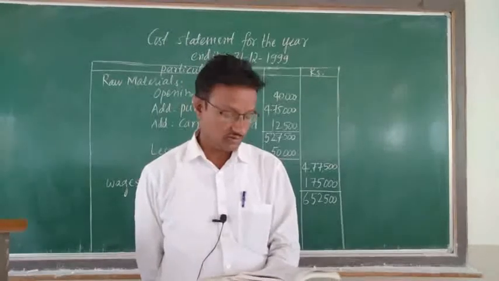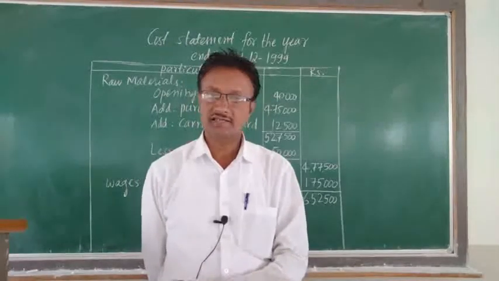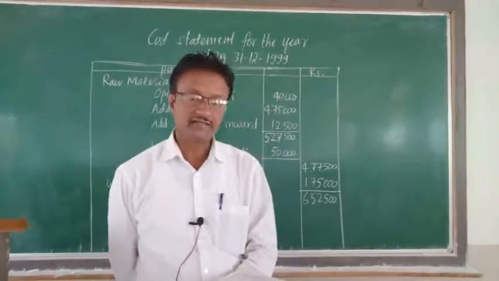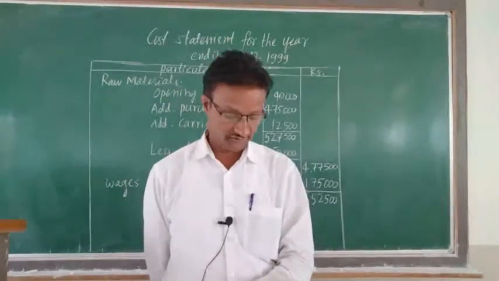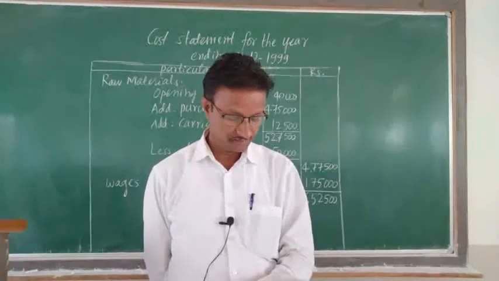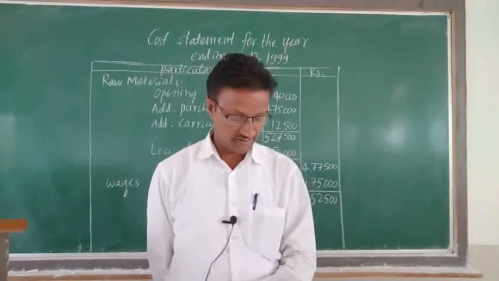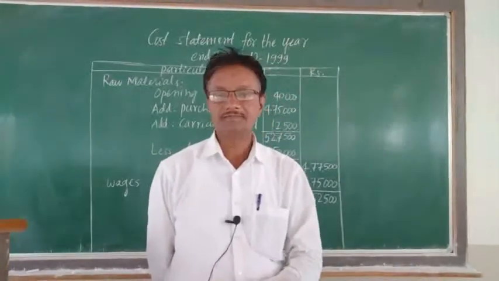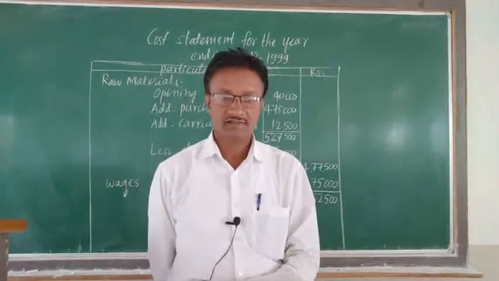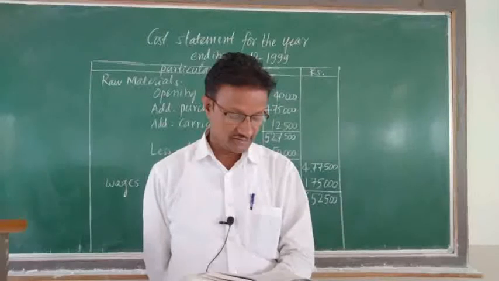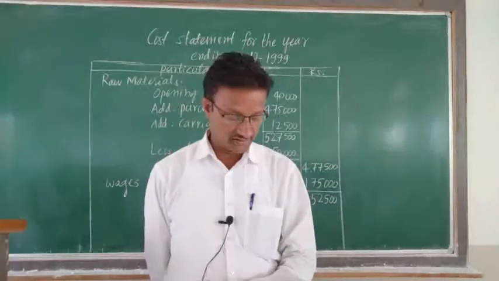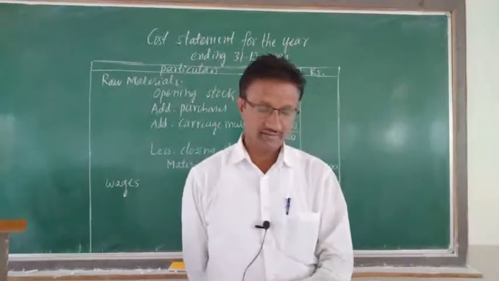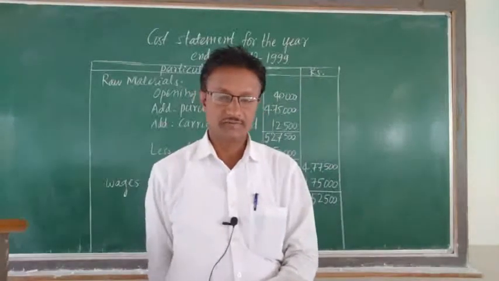And other items given are purchase of raw materials, carriage inward, wages, work manager salary, factory rent, taxes and insurance, power expenses, selling and distribution expenses, depreciation, accountant's salary, general expenses, income tax paid in advance, payment of sales tax, dividend paid, sales for the year, and last item given is goodwill written off.